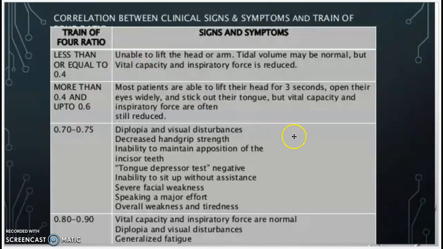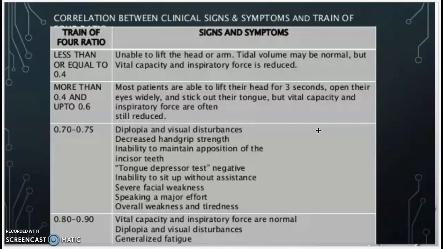Now let's look at the correlation between clinical signs and symptoms and train of 4 ratio. For clinical assessment in the OR, for example, we ask the patient to lift their head or lift their hand. If the patient can lift their head for 3 seconds, we think that the patient has recovered from the neuromuscular blockade. But in fact, it has been shown that more than 40% of receptors can still be blocked.